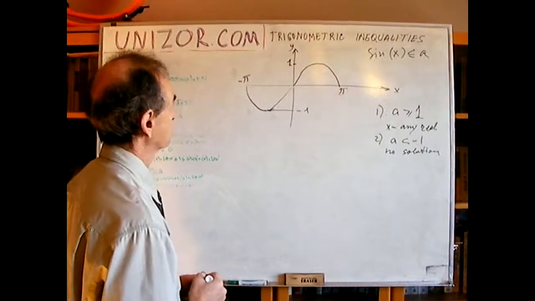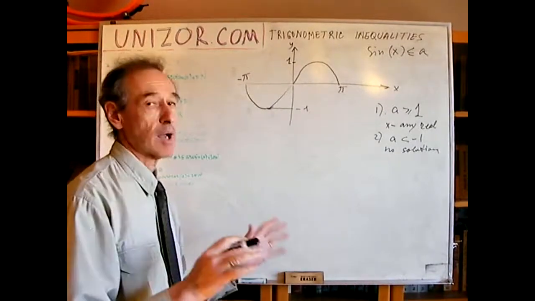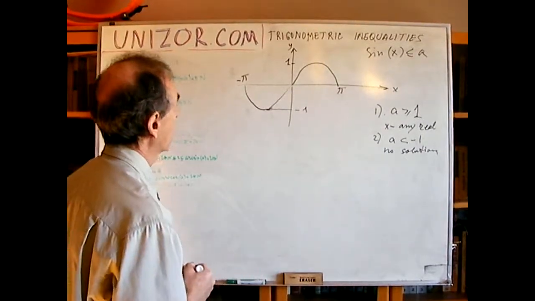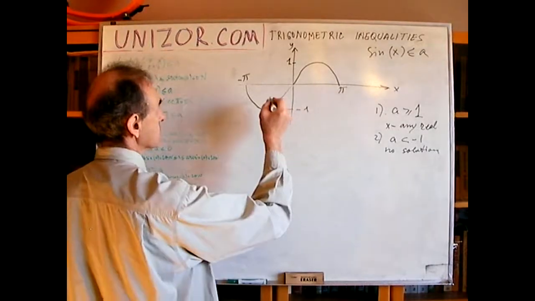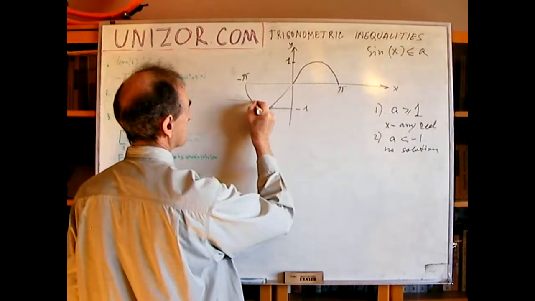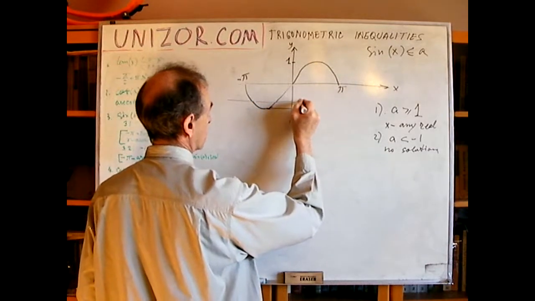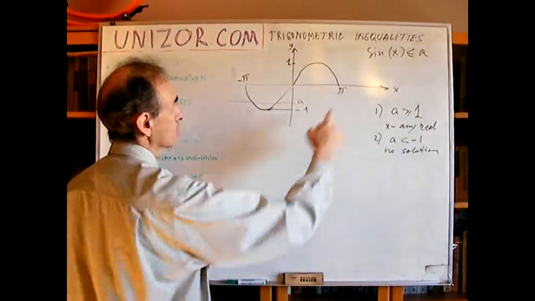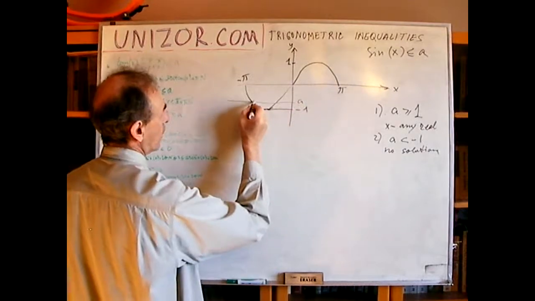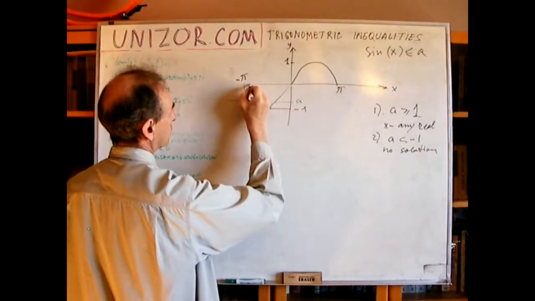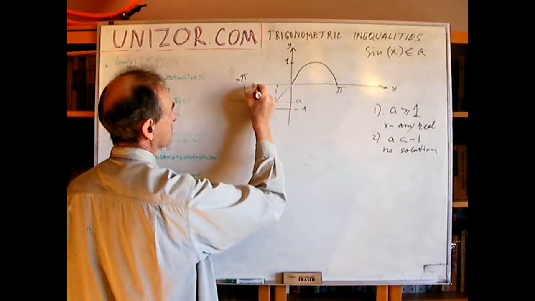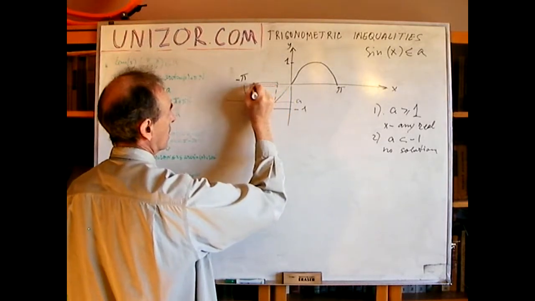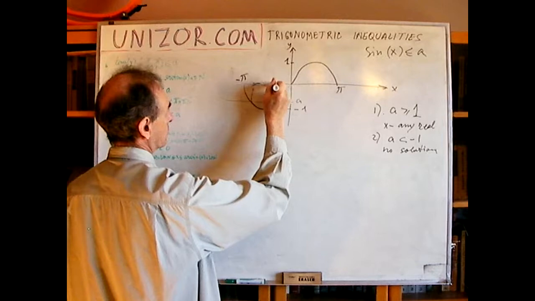All right, so let's examine a couple of cases separately. And here is why. If a is less than 0, negative, the solution to this is one particular interval here, right? Only these are solutions.